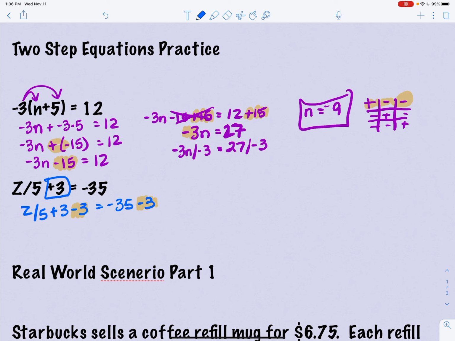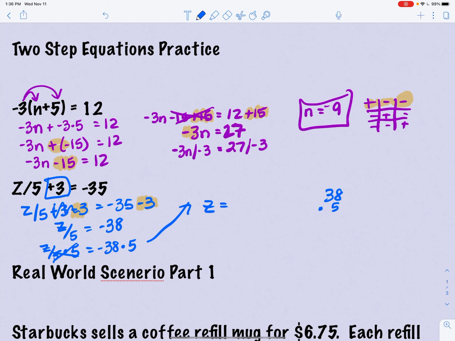We're left with z divided by 5 equals -38. Now this is division. So in order to get rid of division, we're going to multiply. Z divided by 5 times 5 equals -38 times 5. That eliminates this. We have z equals whatever 38 times 5 is.